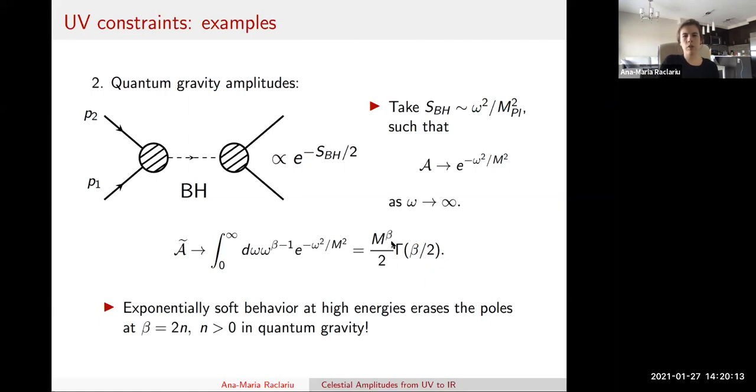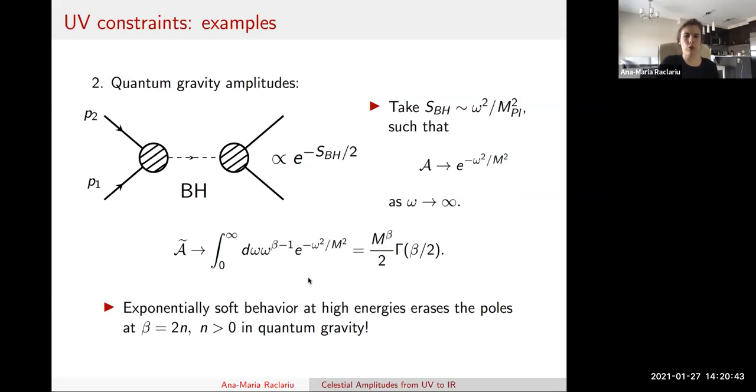And it's well known that this gamma function has no poles on the positive beta axis, but has poles when the arguments are negative integers. So again, we still see the low energy poles here. The poles at beta equal to minus 2n survive for positive n, but the other ones are erased.